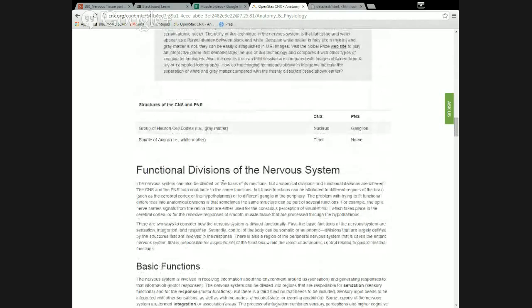And then I go into the functional divisions of the nervous system. A lot of textbooks try to shoehorn the functional divisions into the central and peripheral divisions. Most often they say, here's the central nervous system, and they don't say anything more about it. And then they say, here's the peripheral nervous system, and within that we have these functional divisions. Okay? That's very misleading. The functions that I'm going to describe here are found across the periphery and the central nervous system. Okay, and I'll give you some examples of that.